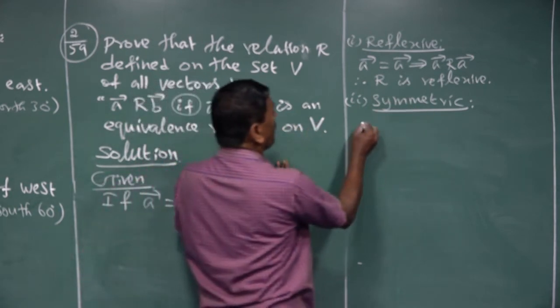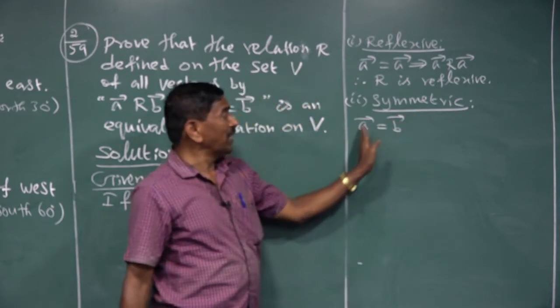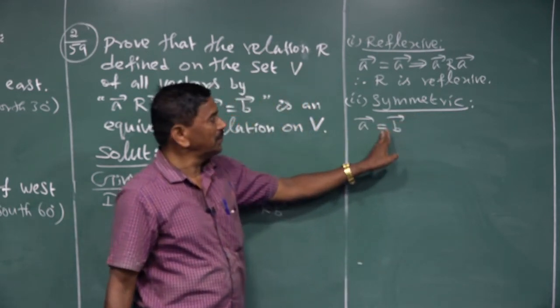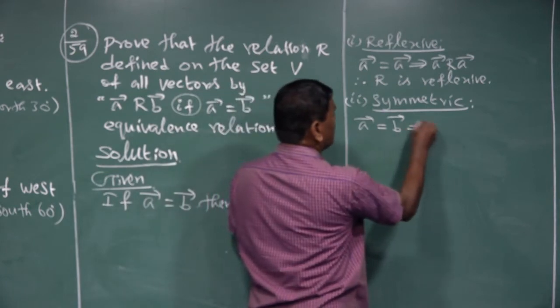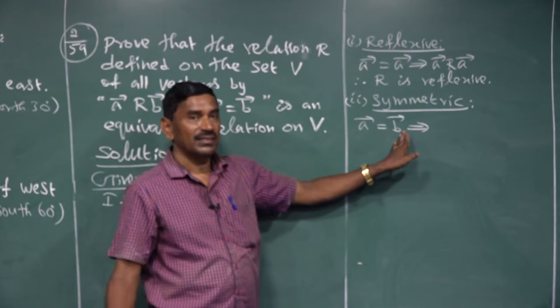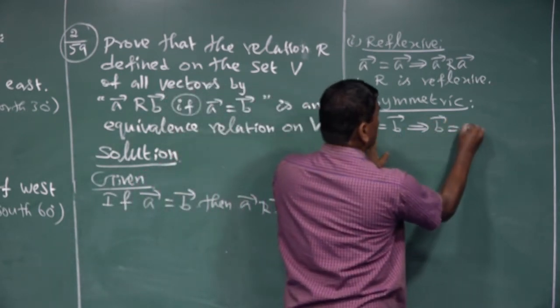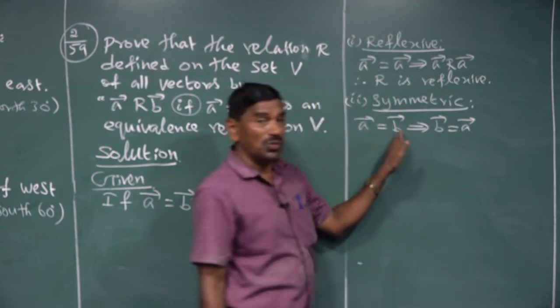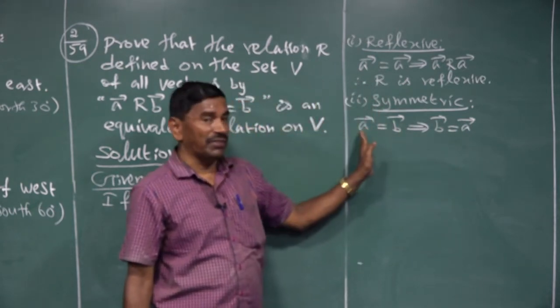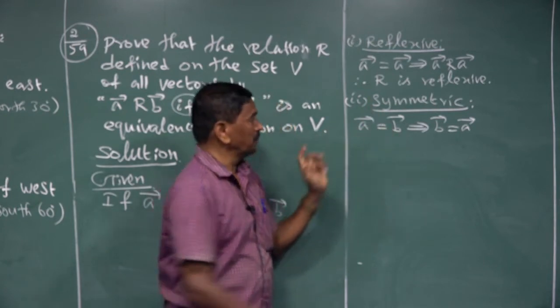Listen, here, A vector is equal to B vector. A vector and B vector are equal, which implies, conversely, B vector is equal to A vector. Yes, correct. A vector equal to B vector. Therefore, B vector equal to A vector. Where equal is the relation.